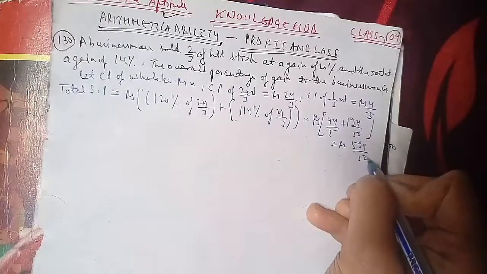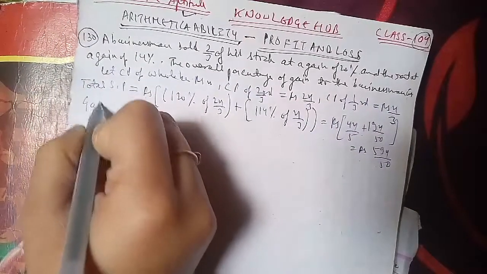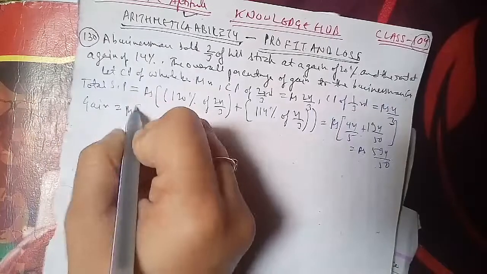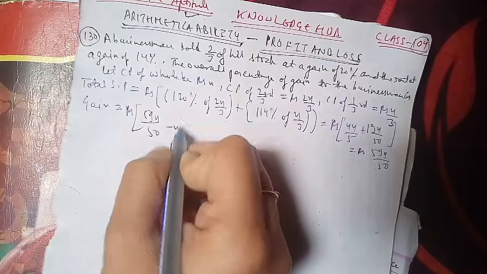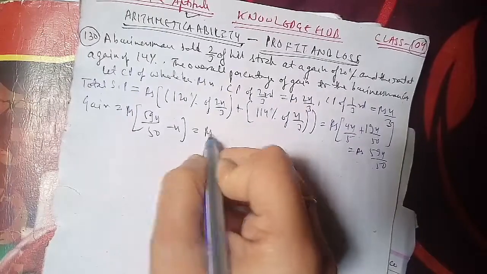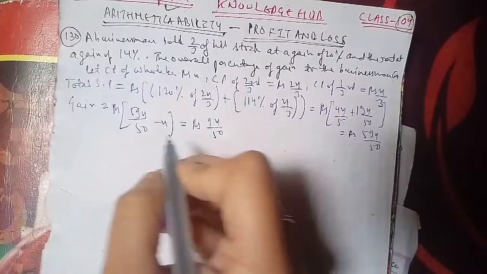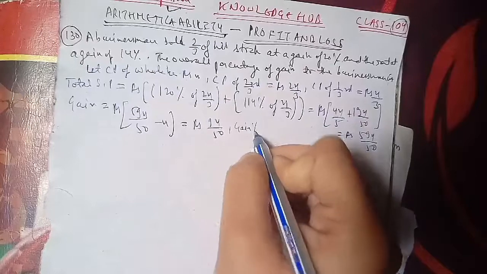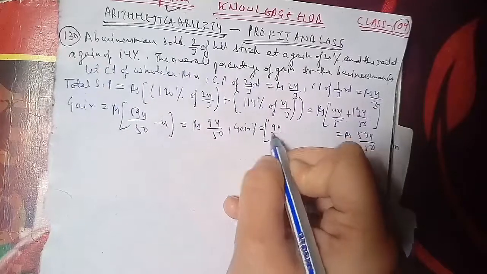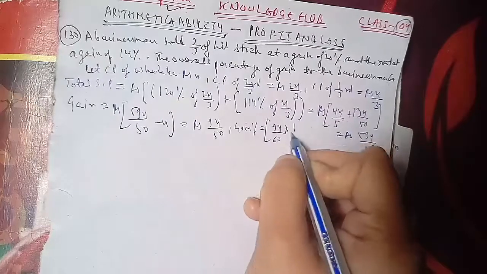59x upon 50. So gain is equal to rupees 59x upon 50 minus x, equals 9x upon 50. Gain percent equals 9x upon 50 into 1 upon x into 100.